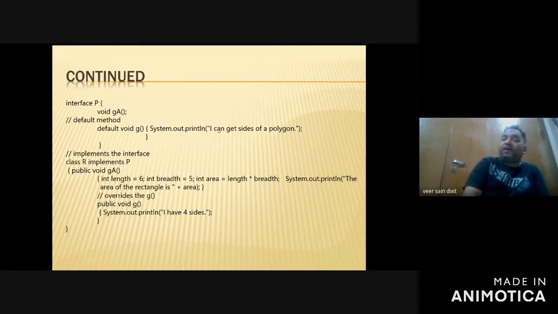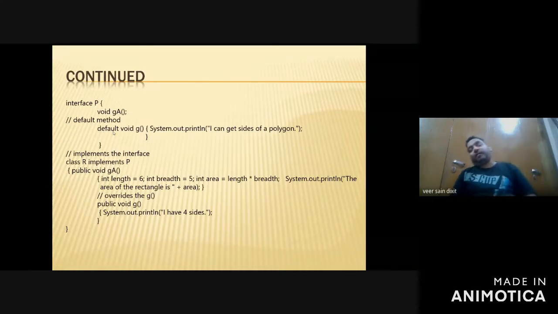In the body, we are printing a message: I can't get sides of a polygon. This message is printed on the console. So here the body is there, and in the interface we are defining a function, so we have used default here.